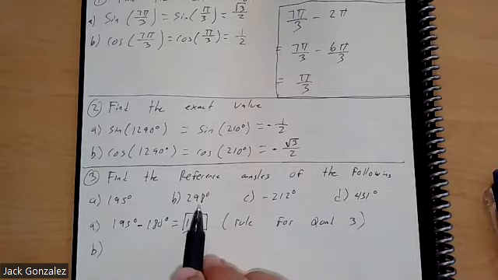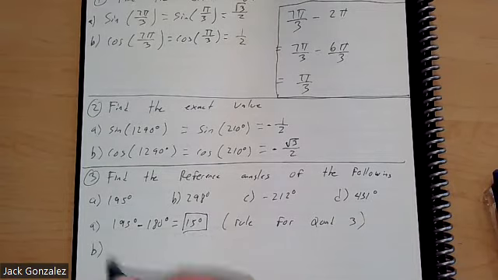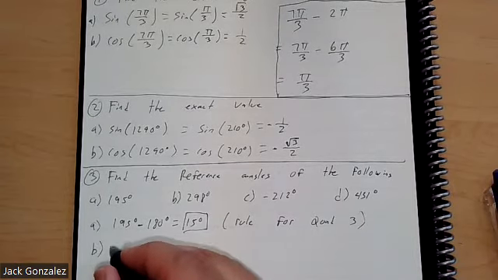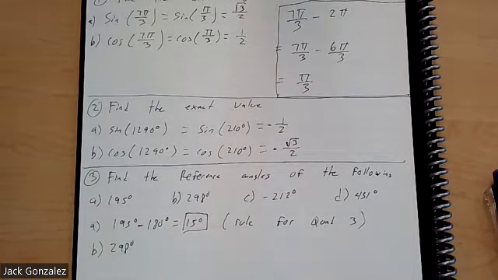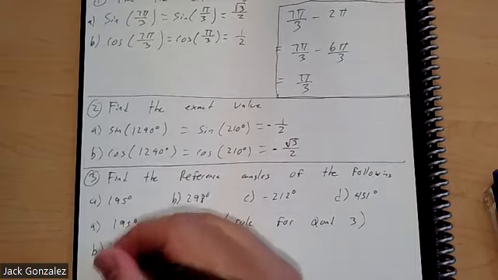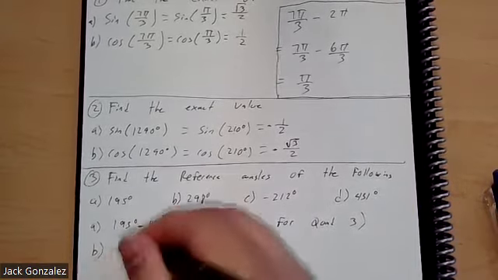Part B, 298. Where is this? The rule for quadrant 4 is, let's see here. Subtract from 360.